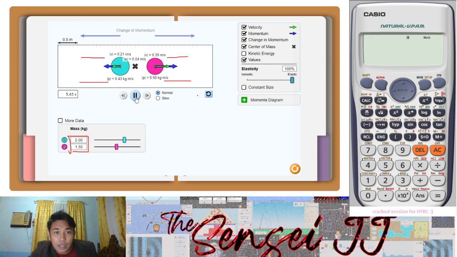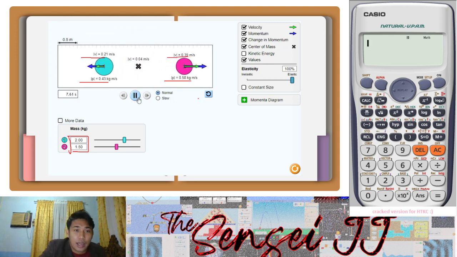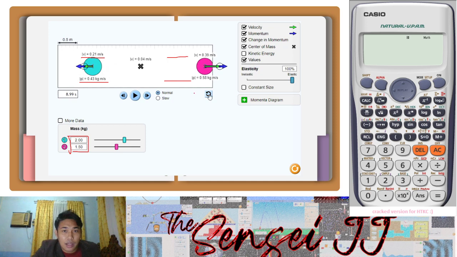After they collide, you can see that object 1 still has the mass of 2 kilogram and object 2 still has the mass of 1.5. So their mass didn't change. However, their velocity changes.